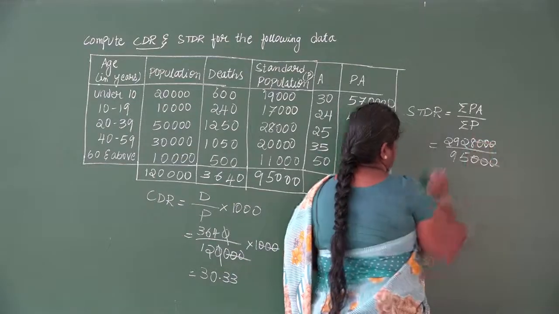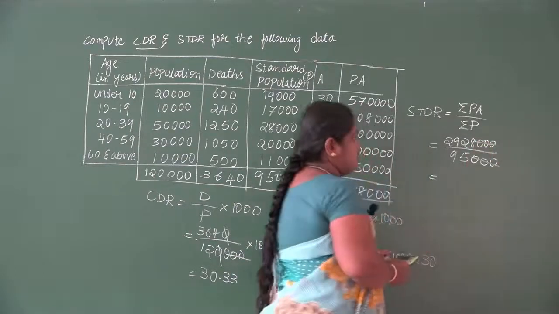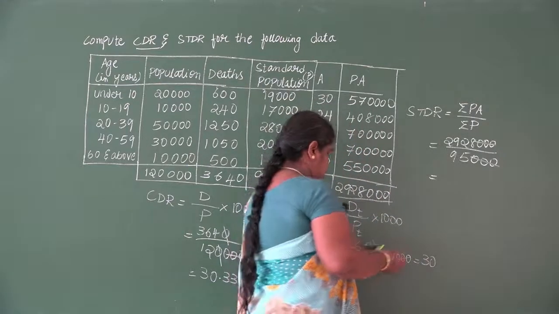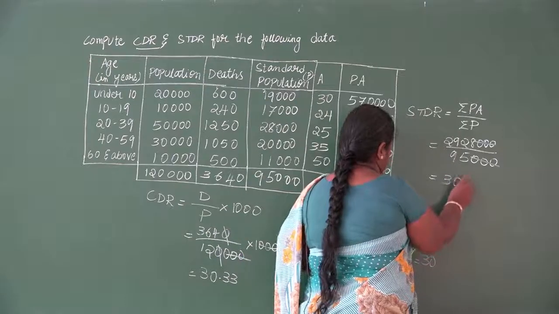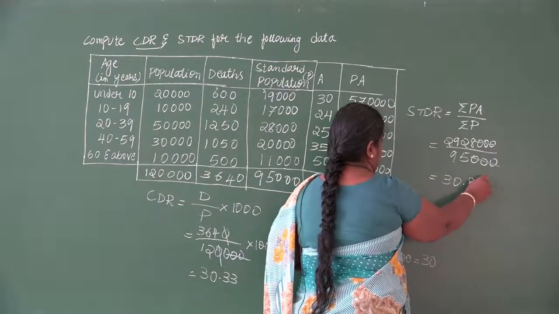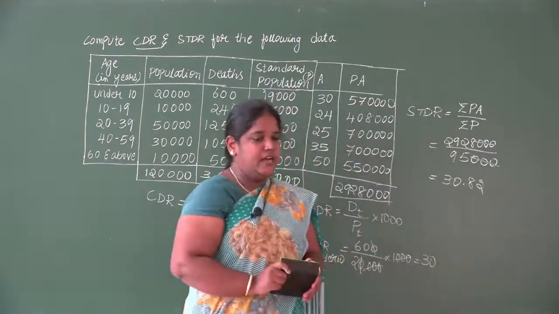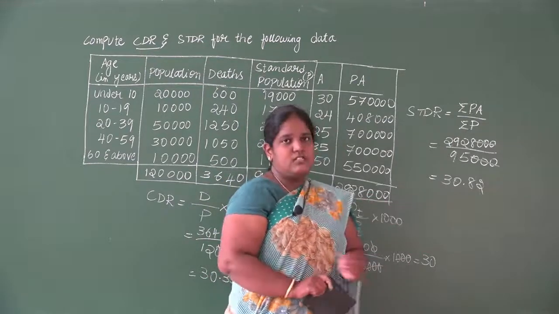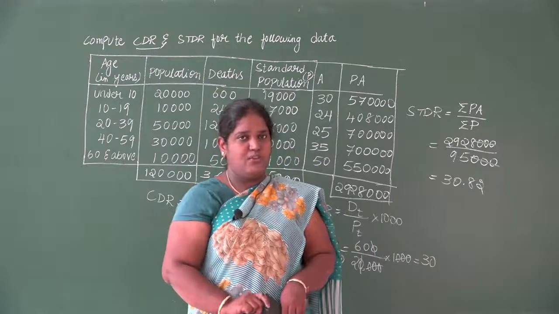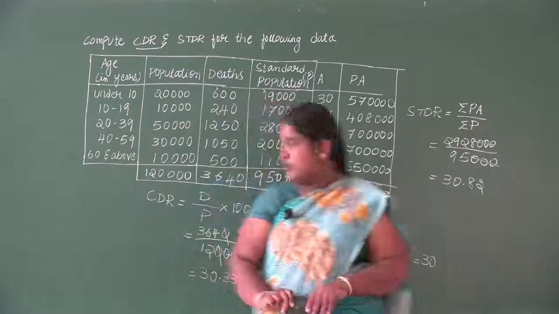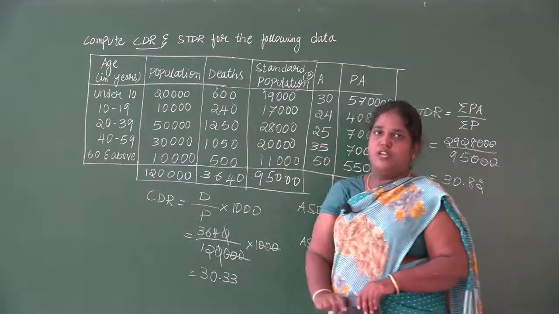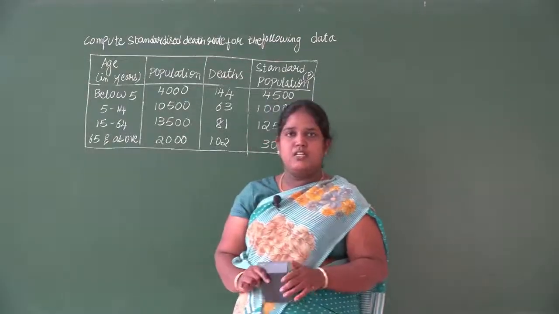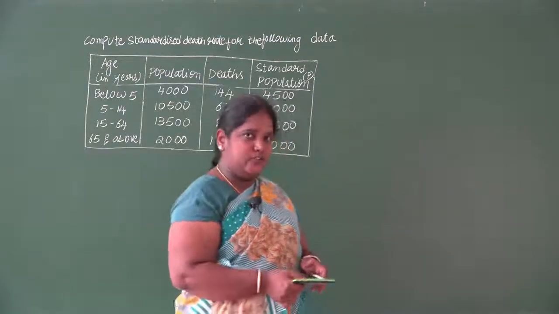So you can cancel the zero terms, we'll get 2,928 divided by 95, which is 30.82. And here you cannot comment anything regarding the population. So you have to leave it like this itself. So standardized death rate is 30.82 and the crude death rate is 30.33.